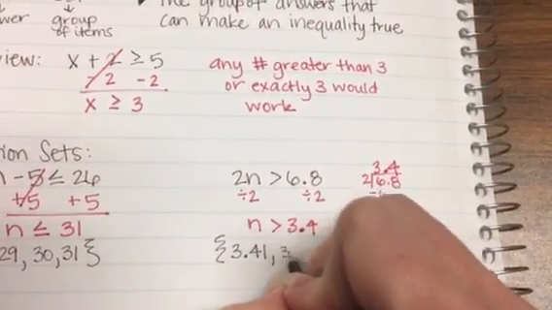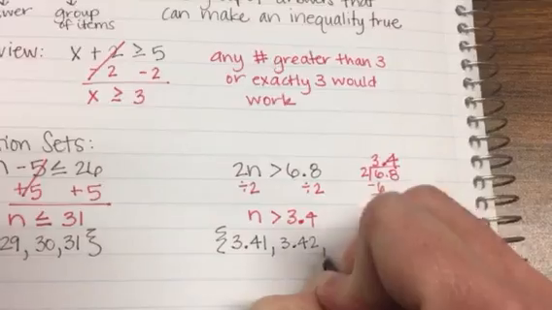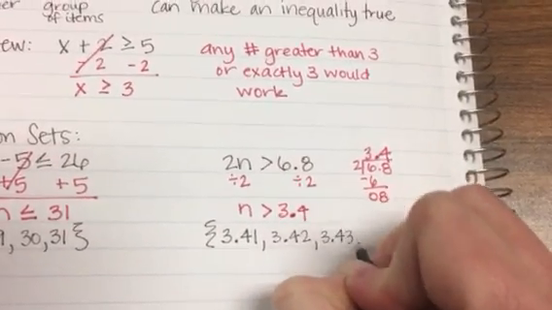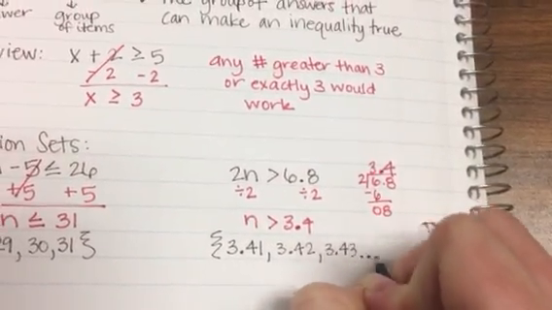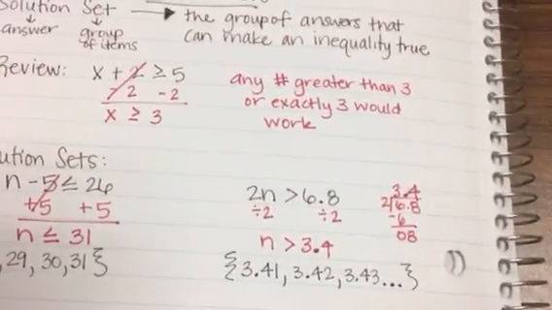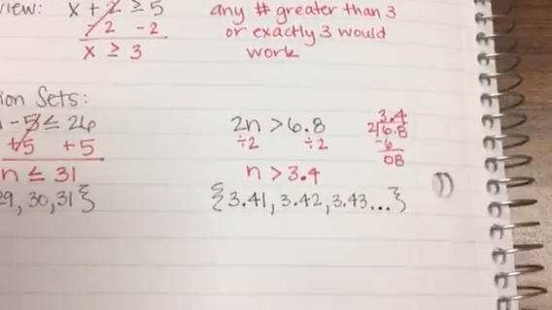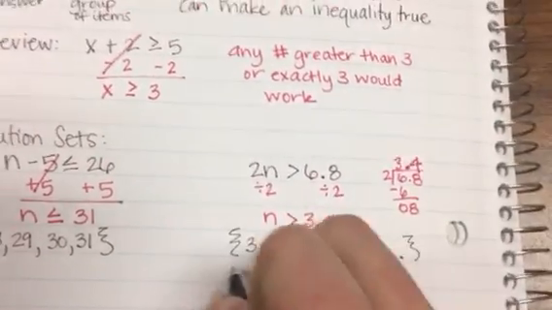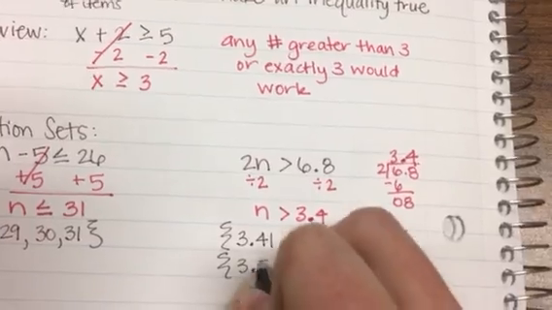The next one, of course, if you're going to go this route, would be 3.42 and then 3.43. And then that one would continue on and on and on. So I put the 3 little dots there to show that that pattern would just continue to repeat. If you don't want to do those funny decimals, you could just start with 3.5.